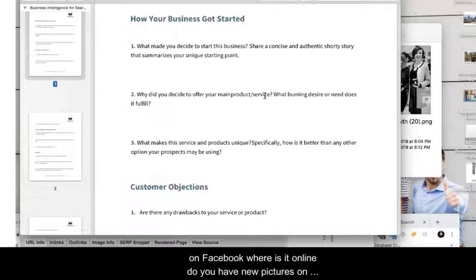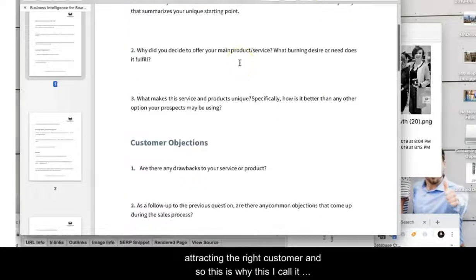Do you have new pictures? Is there a timeline? Have you taken actionable steps to interweave those core values and appeal to your audiences throughout Google, Facebook, and the major search engines? Are you building those funnels, if you will, to make sure you're attracting the right customer?